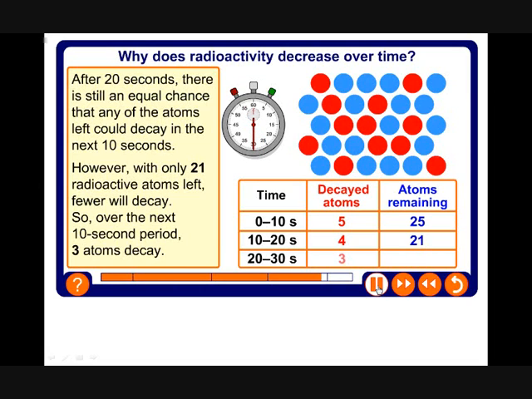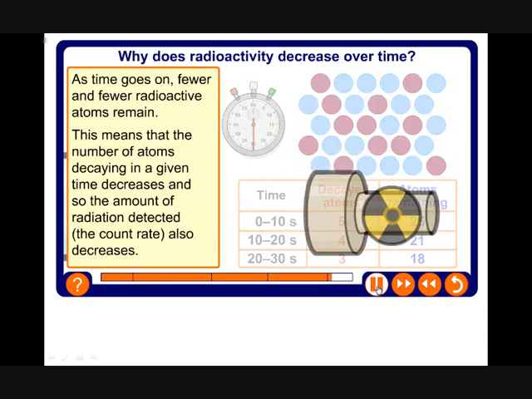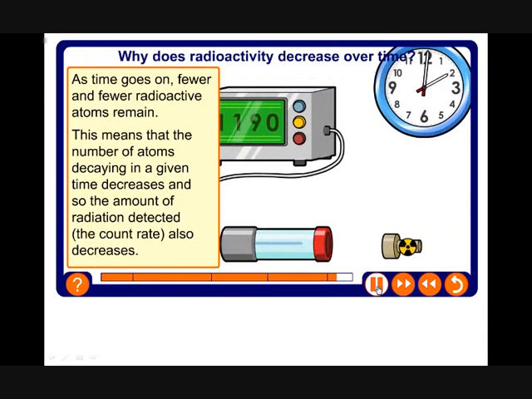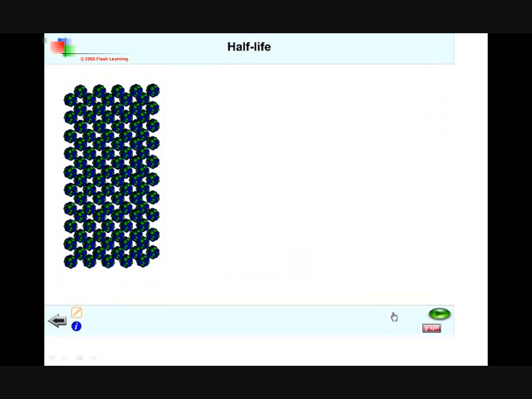And now if we let it finish, we've only had 3 decayed. So you can continue this idea on, and you will see that over time the number of atoms decaying at a given time decreases, so the amount of radiation detected also decreases.